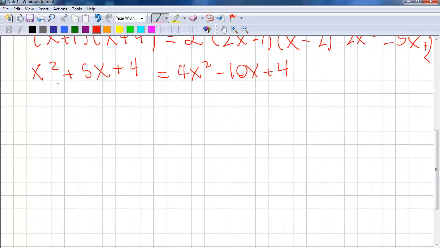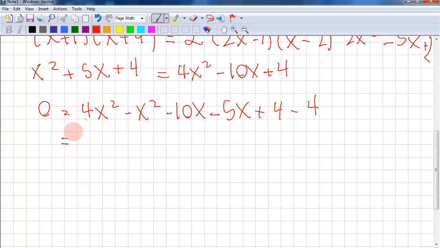So now what we want to do is bring all our variables to one side, so the left side equals 0. So we have 4x squared minus x squared, and minus 10x minus 5x, and plus 4 and minus 4. Now what we get is 3x squared minus 15x, since these just cancel out.